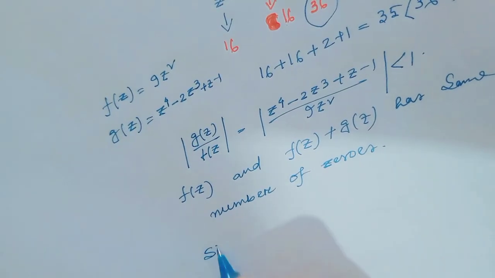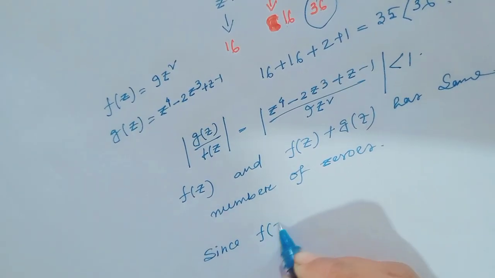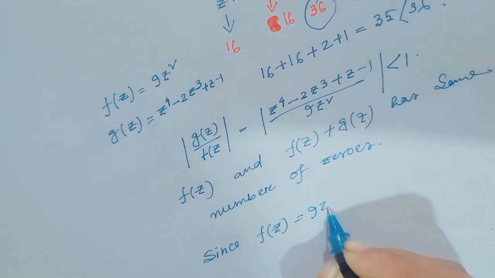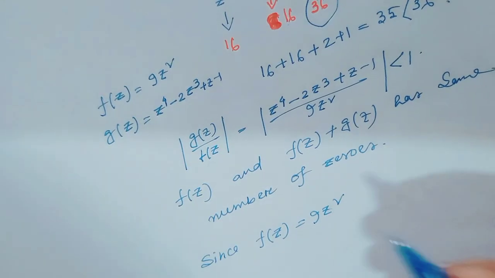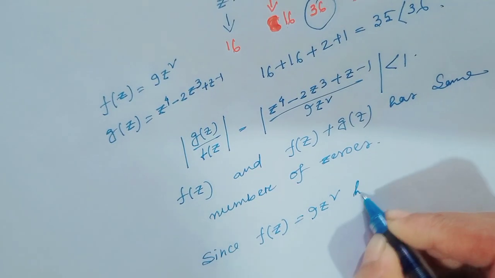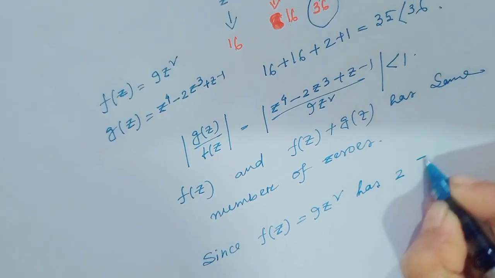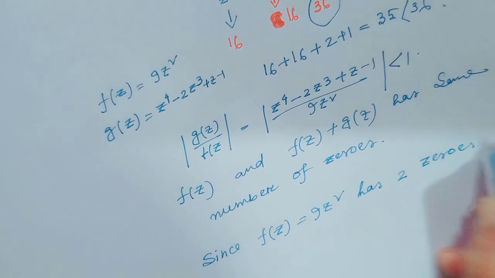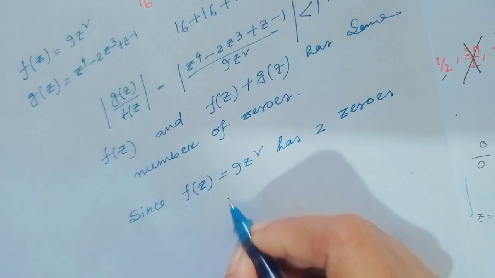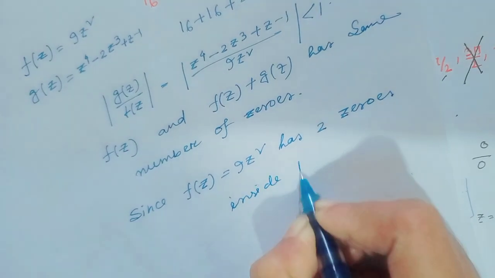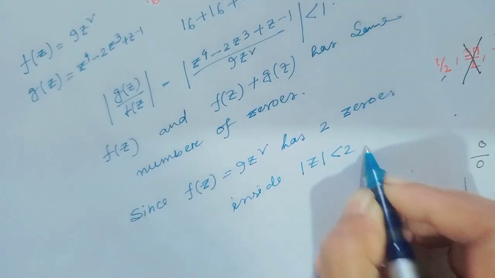And since f(z) equal to 9z square, therefore this has 2 zeros inside mod z less than 2.